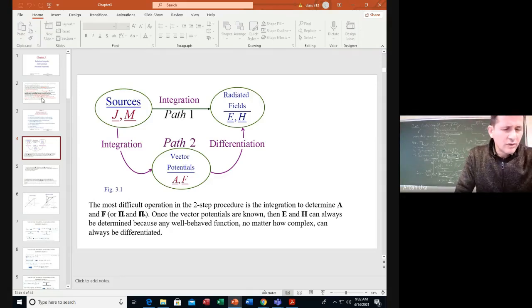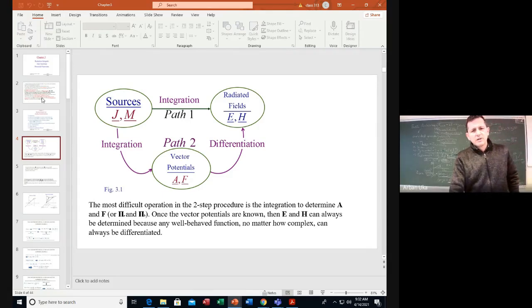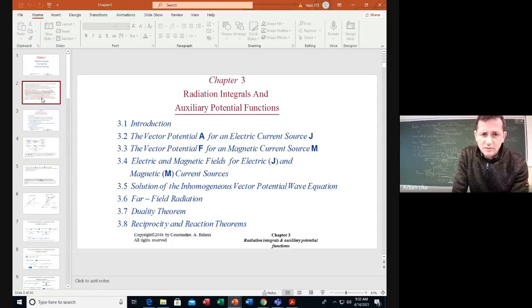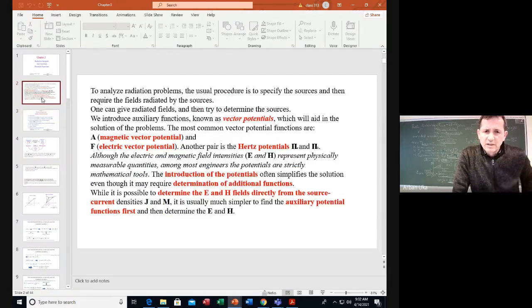Now, we would prefer to use the second path. It looks like a longer path, but the integration to find the A and the F is relatively simpler, and differentiating expressions is always much simpler than integrating expressions. So what we want to say here is that we want to find the fields, but we are going to introduce these auxiliary functions, which are the vector potentials.